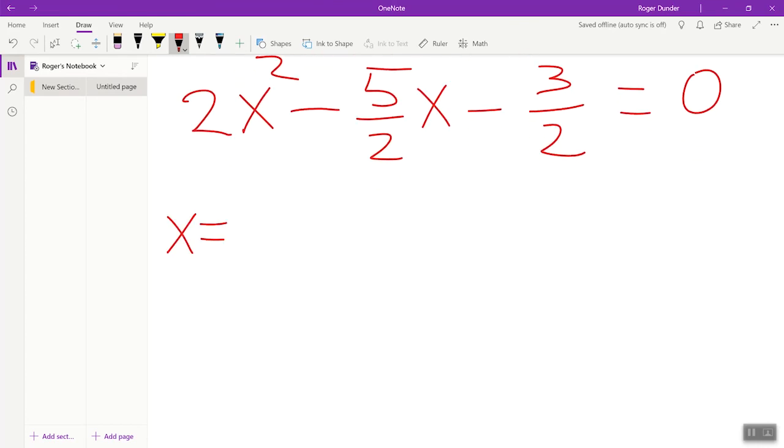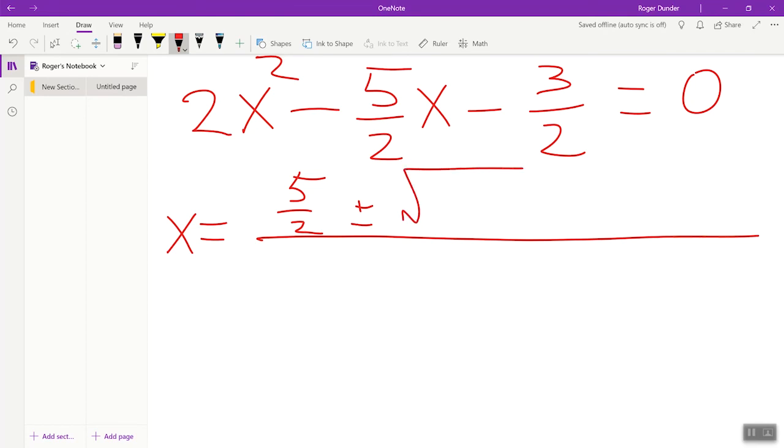X is equal to minus B. That's actually a minus is a plus, so this is going to be 5 halves, okay, plus or minus the square root of b squared.